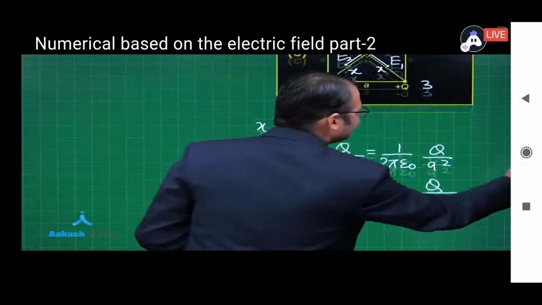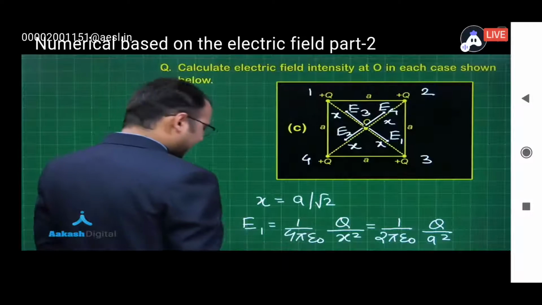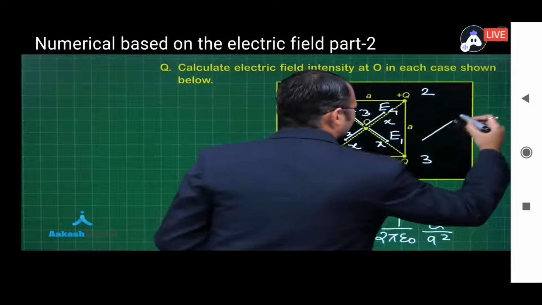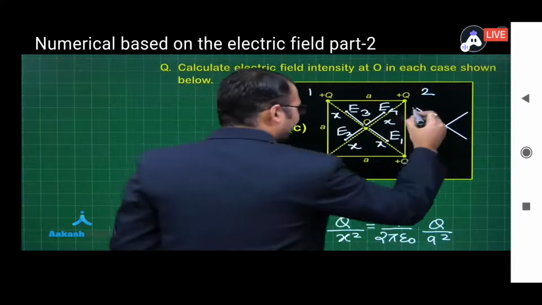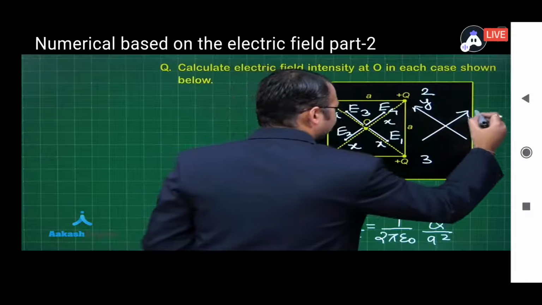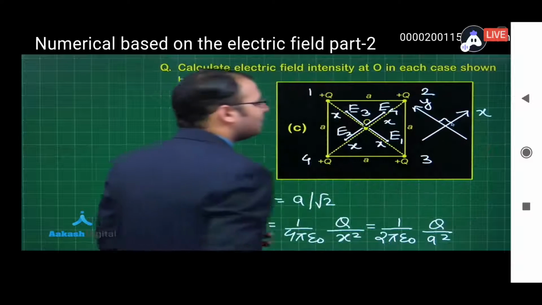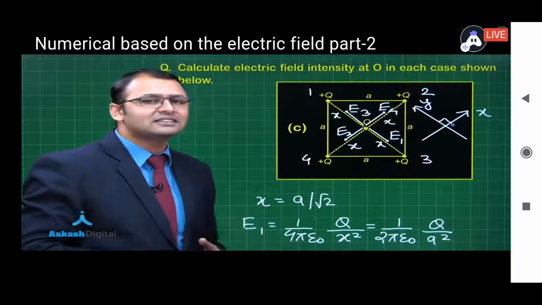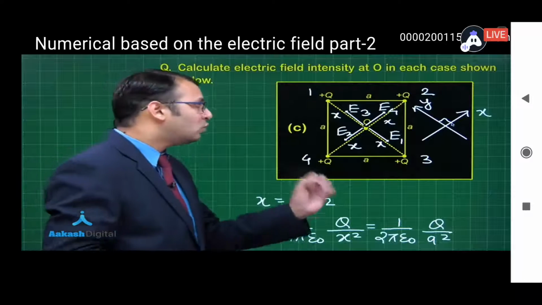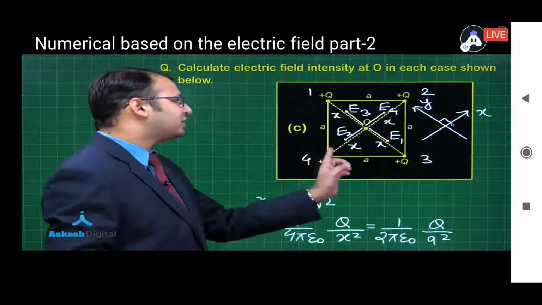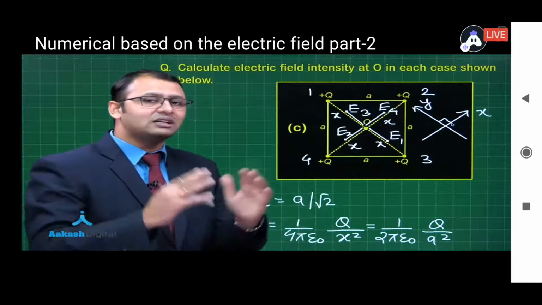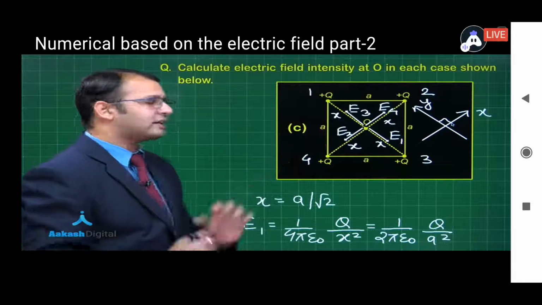That means it's very simple that if I take the direction of the x-axis and y-axis, you might be astonished why am I taking so? Because it's my free will. I can take these axes as I want. It's only that x and y should be perpendicular. And you will find that E4 and E2 are lying on the x-axis, but they will cancel out each other because they are equal in magnitude.